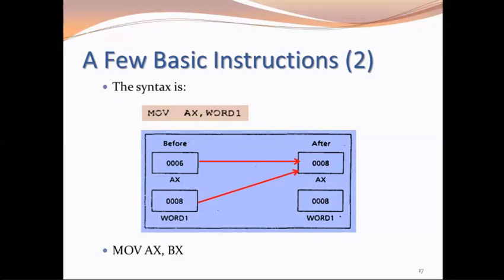Sir, when we say between registers, can it be any register? Yes, usually general registers.